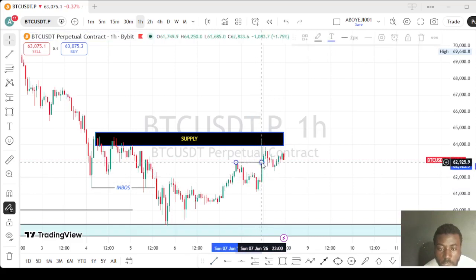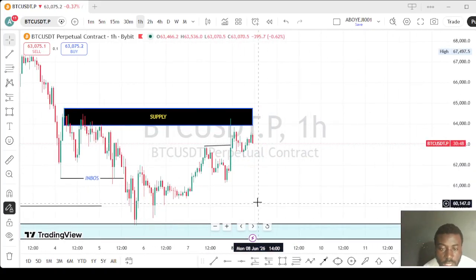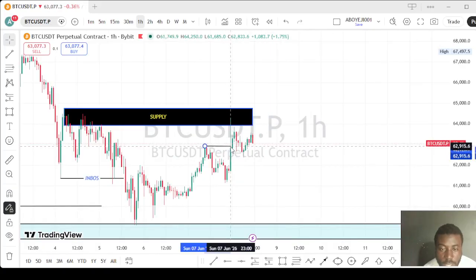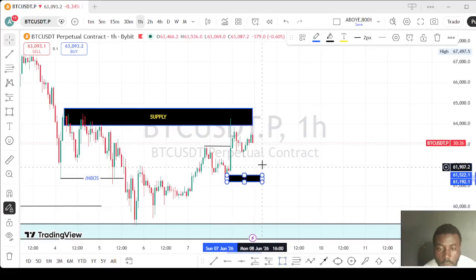You can see this is a liquidity swept here, because it's a weak candle, just weak there. So let's see if the market can come back here to this order block. Let's see what the market has for us here.